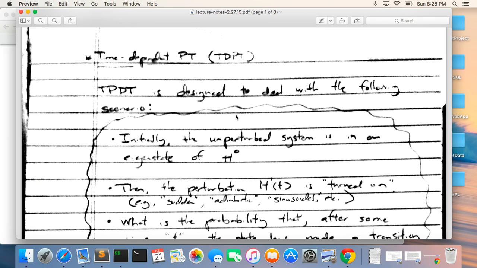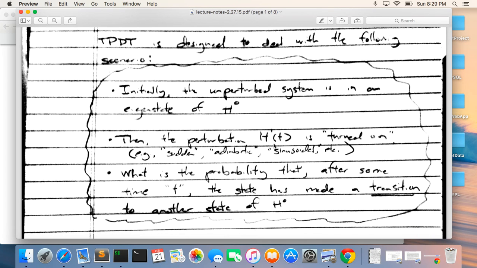It can be a sudden thing, where you flip a switch, or it can be some adiabatic type of turning on, like the ramping up of a potential. It could be sinusoidal, right? A lot of you have probably dealt with experiments where you have some electric or magnetic field that's fluctuating in a sinusoidal way.